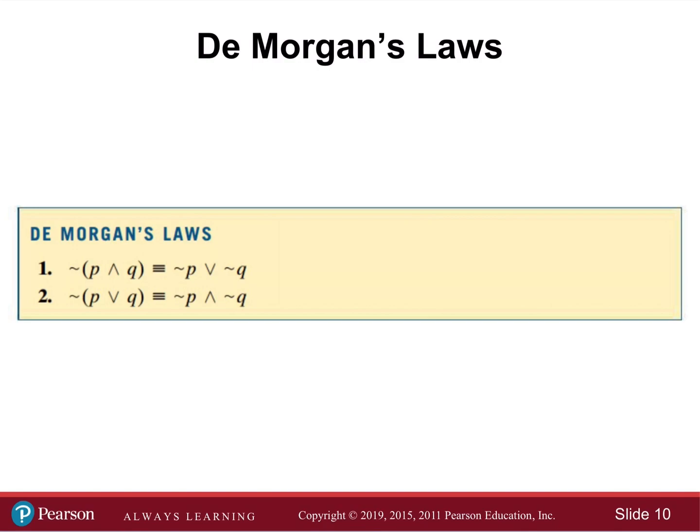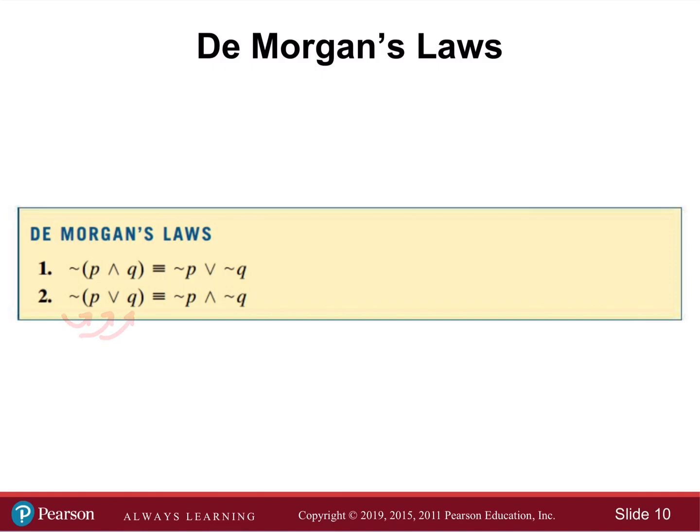Then De Morgan's laws. If we have the negation of P and Q, it's kind of like you distribute. So P becomes not P, that flips, and the and becomes an or. So the negation of P and Q is going to be not P or not Q. It's a similar thing here. Everything flips.